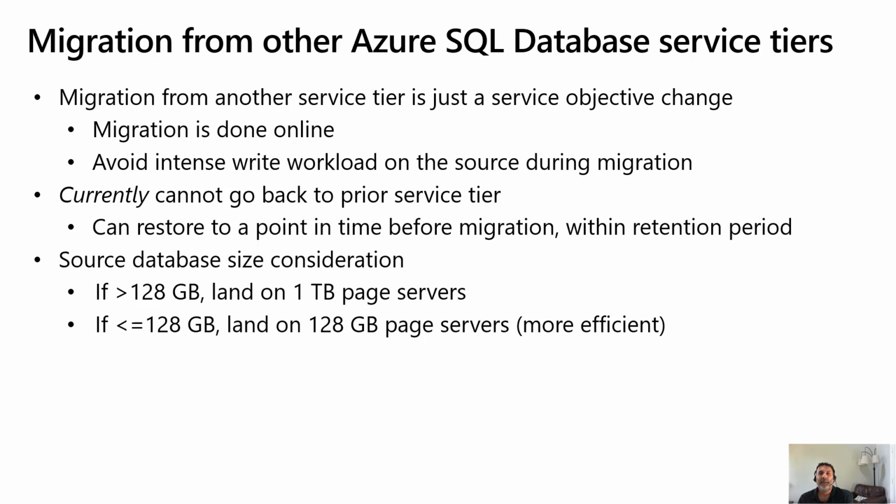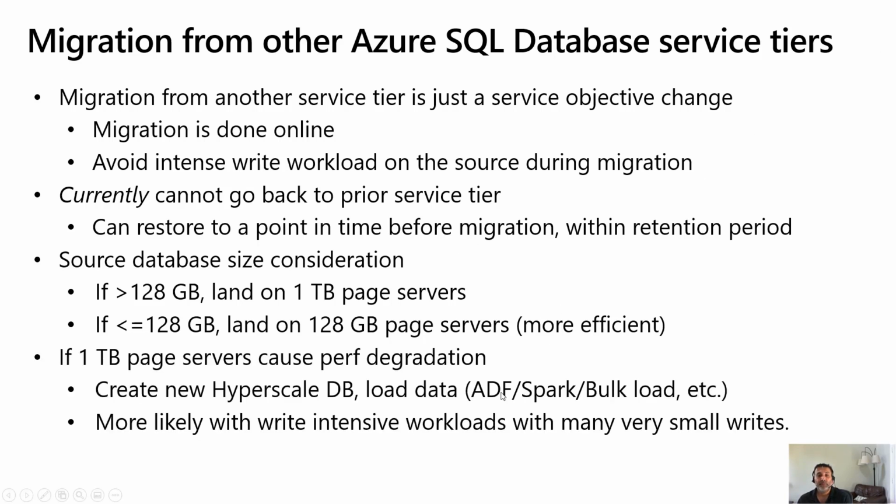These can sometimes not be performant if you have applications doing a ton of writes and small writes, because as you know, the files backing the page servers are on Azure Blob Storage, and Azure Blob Storage does have a per blob limit. So the larger the blob, the possibility of hitting those throttling limits is higher.